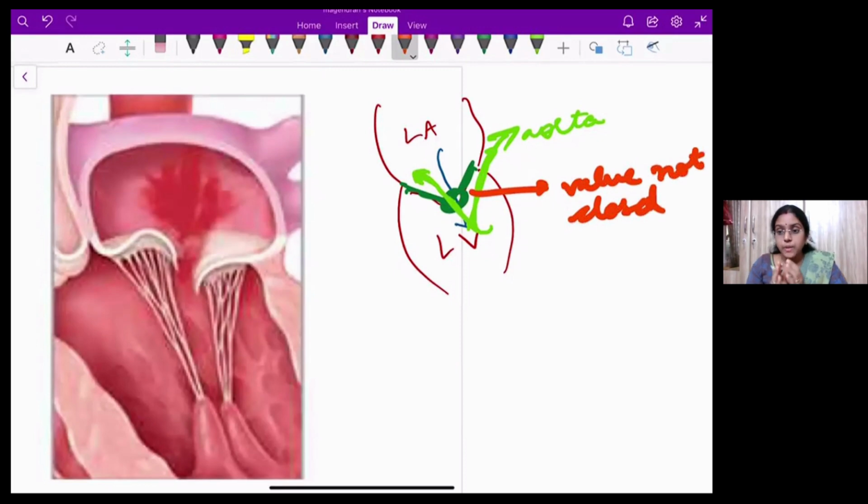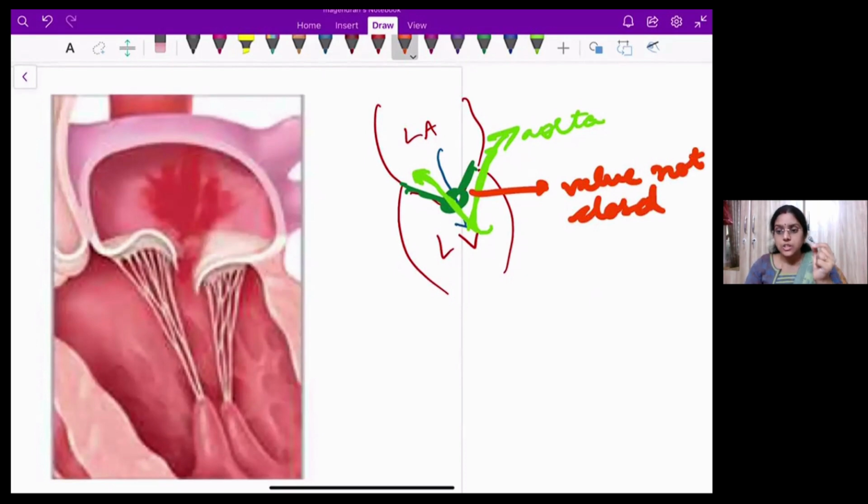I told you the basic function of the valves is to allow one-way flow. The blood flow is allowed in only one direction. That is the basic function of the valve. So when the valve is not closed properly and the ventricle contracts at high pressure, some amount of blood is going back into the atrium.